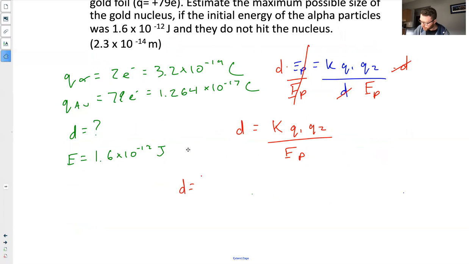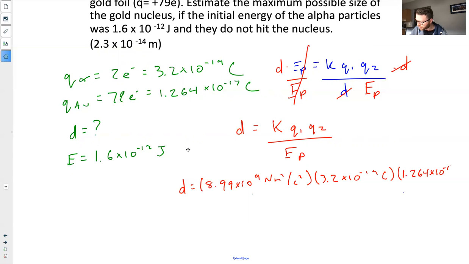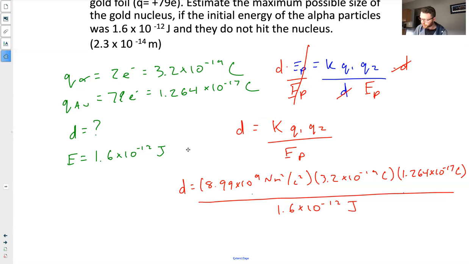So Coulomb's constant, 8.99 times 10 to the 9 newton meter squared per coulomb squared, multiplied by Q1, which would be our alpha particle, 3.2 times 10 to the negative 19 coulombs, multiplied by the charge of the gold nucleus, 1.264 times 10 to the negative 17 coulombs, divided by the energy, which is 1.6 times 10 to the negative 12 joules.